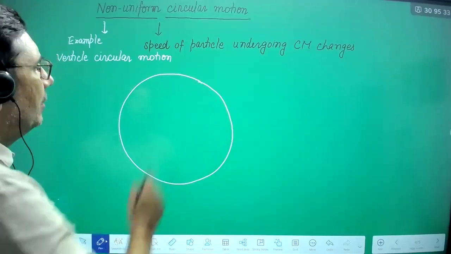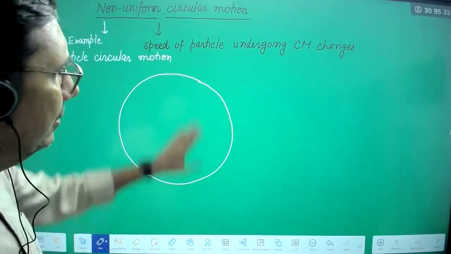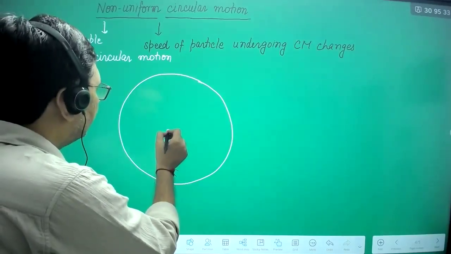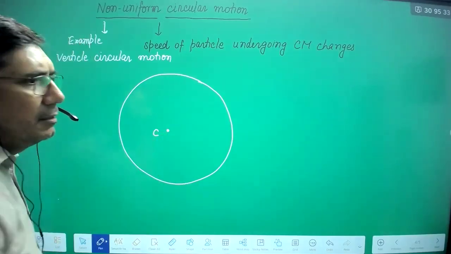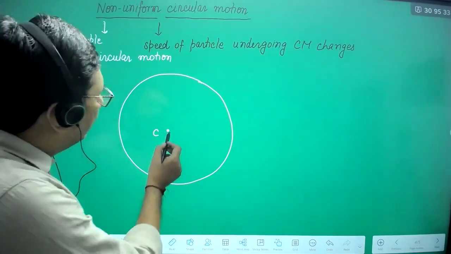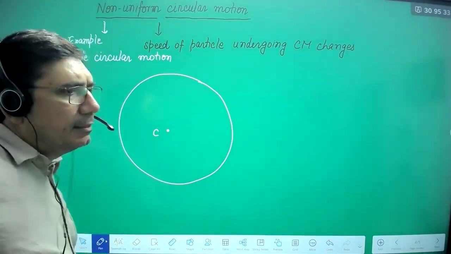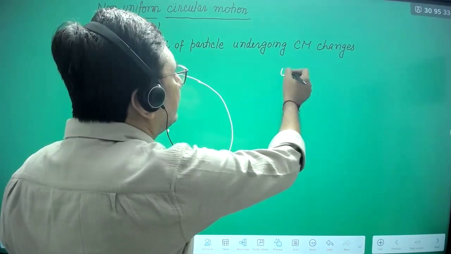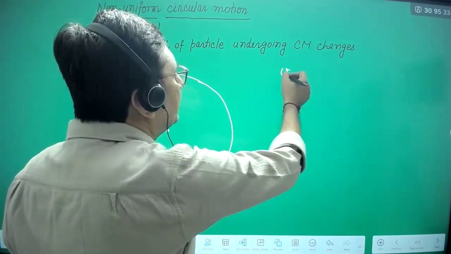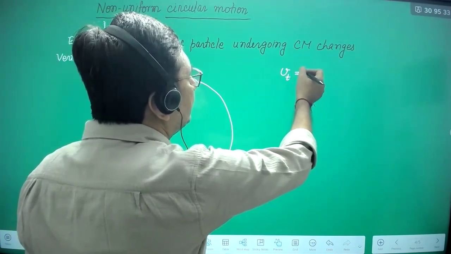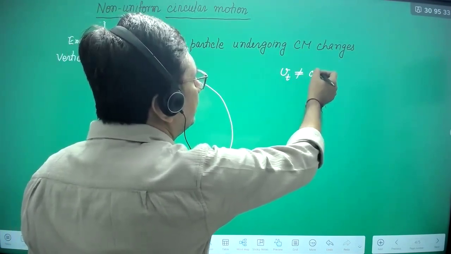So this is the vertical plane. This is a two-dimensional motion, and this is vertical. Now try to understand. This is the center. This is the tangential velocity Vt, and you are saying this is not constant, this is changing. Why it is changing, I am coming to that.